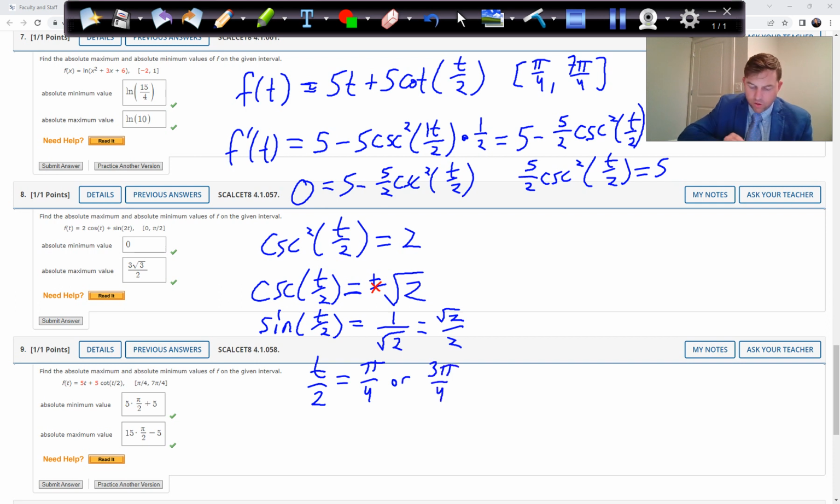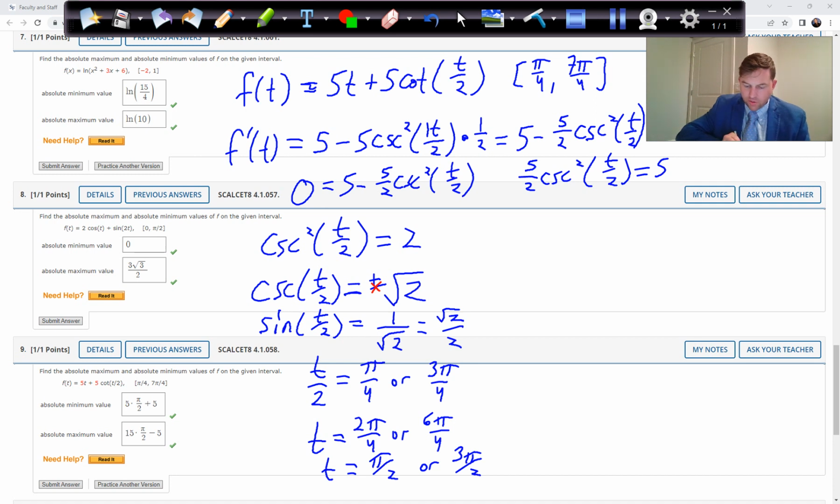Multiply both sides by 2, and we get t is equal to 2 pi over 4 or 6 pi over 4. And so t can be either pi over 2 or 3 pi over 2.